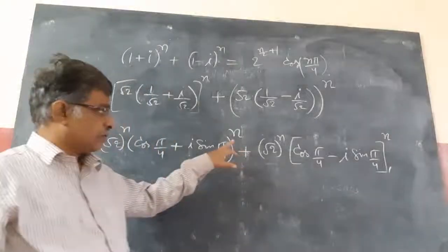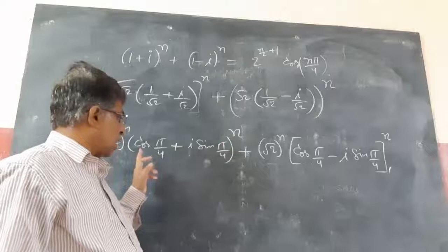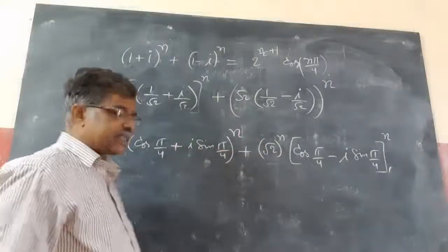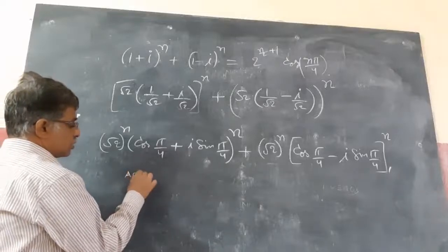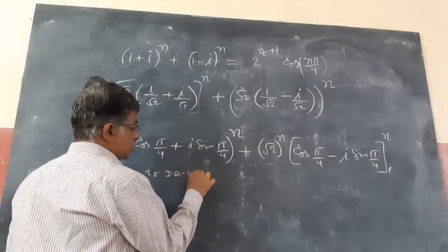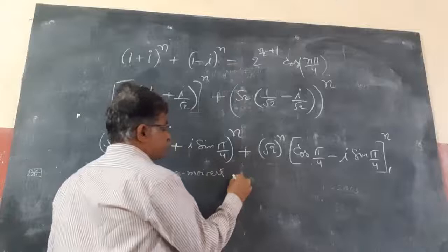Like what I want to say is De Moivre's theorem. Apply De Moivre's theorem. (Cos theta plus i sin theta) whole power n equals cos n theta plus i sin n theta, according to De Moivre's theorem.